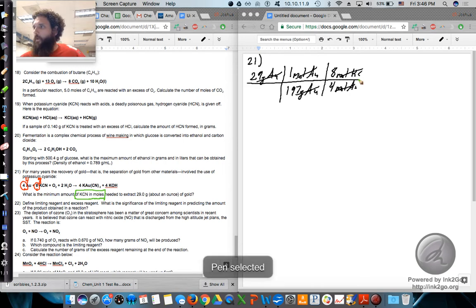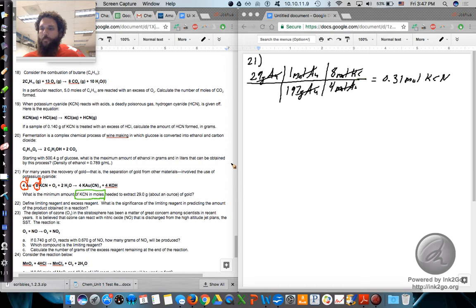And we can go back through here and finish it up. That will equal then 29 divided by 187 times the 4 over 8, 0.31 moles KCN. Alright, so there you go.